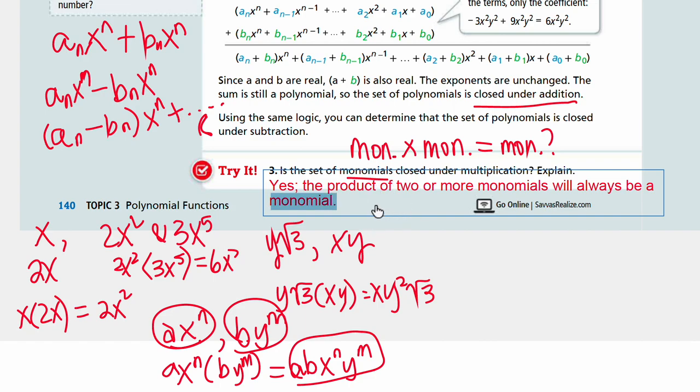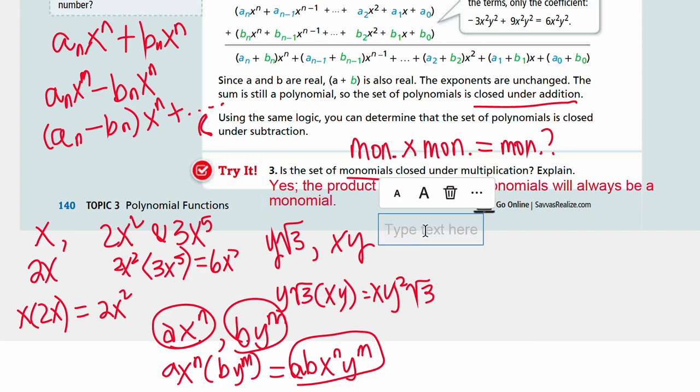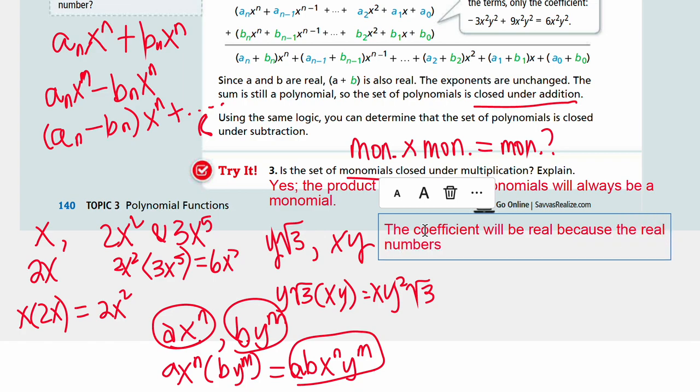That makes your monomial a polynomial. So let's explain this further. I'm going to add that the coefficient will be real because the real numbers are closed under multiplication.